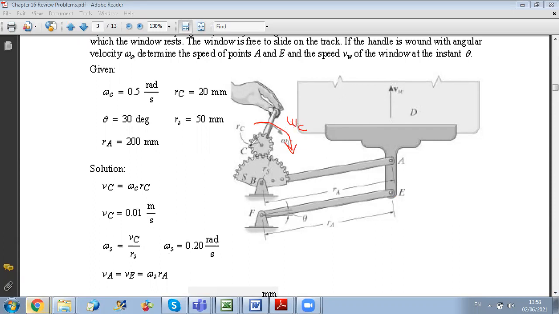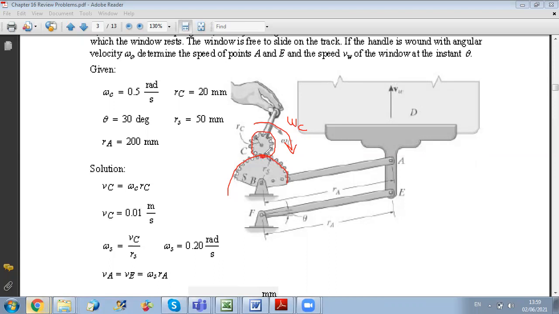You can impose the angular velocity of the small gear. Now, the small gear is connected to a bigger gear, which will give us a certain angular velocity for gear B. How can we relate the two gears to find the angular velocity of B?